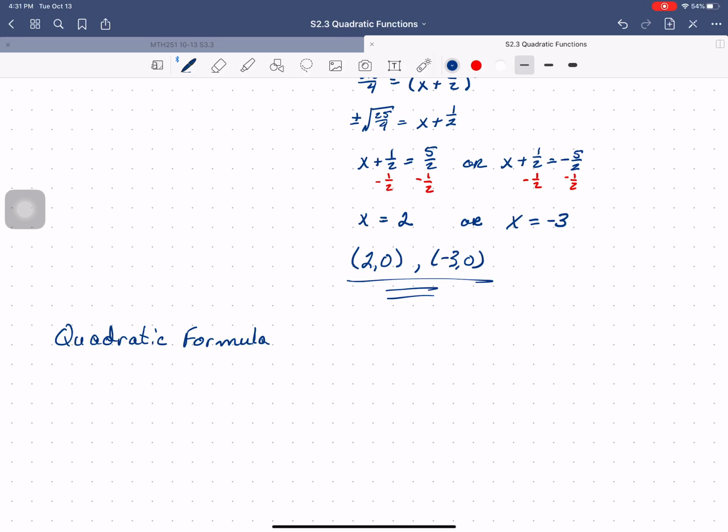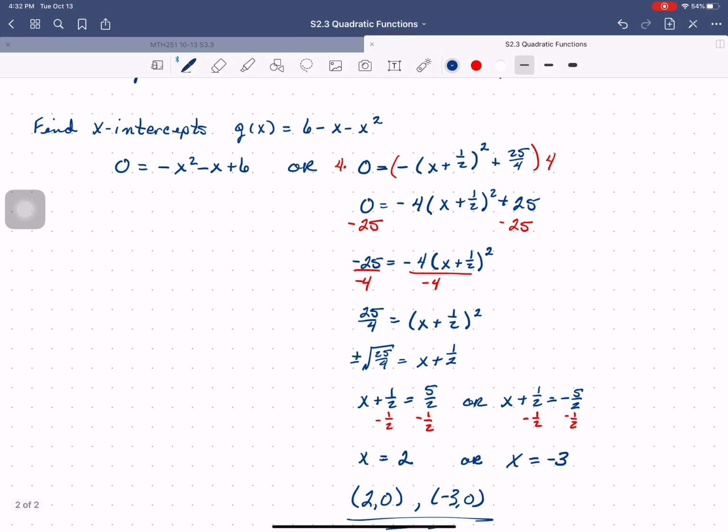And what it says is, if you have an equation of the form ax squared plus bx plus c equals 0, you have to start with this. Then x is always going to be found by taking negative b plus or minus the square root of b squared minus 4ac all over 2a.